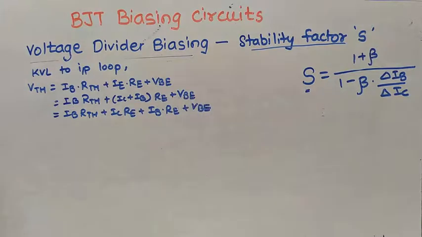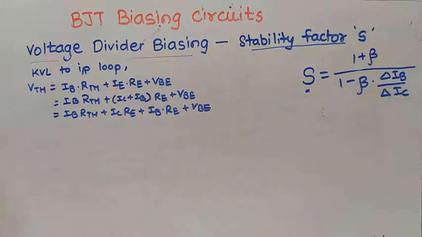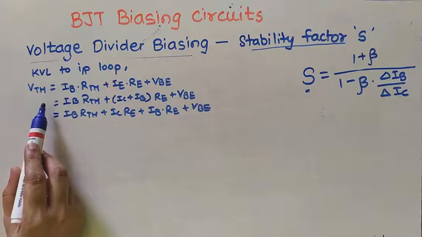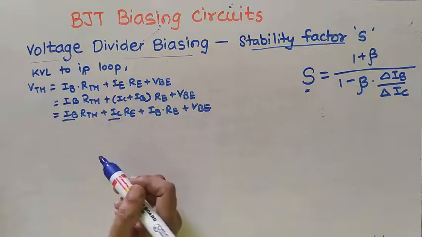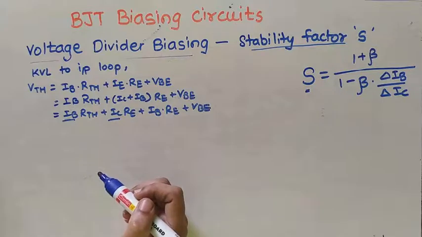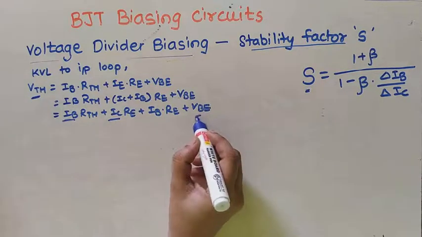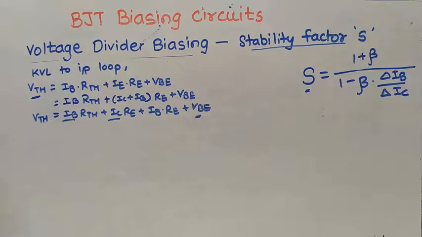Now we have to identify the change in IB and the change in IC. So we consider the change in base current IB and change in collector current IC. For that change, VTH and VBE are constant terms, so they become 0.